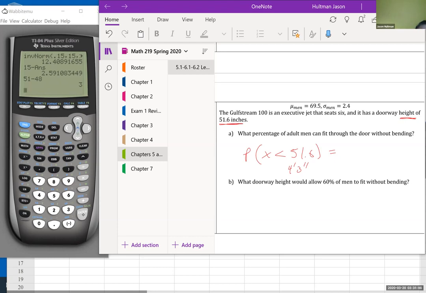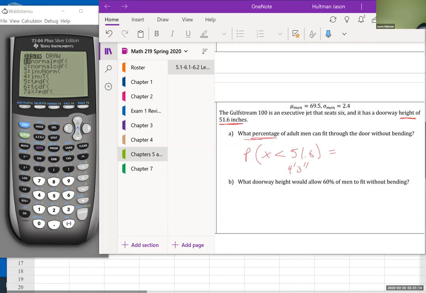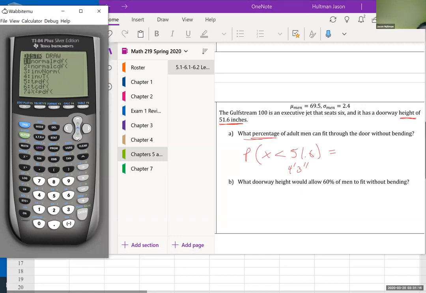So let's go inverse norm. Or no, not inverse norm, sorry. We want to do normal CDF because we want to find the percentage. Second vars, normal CDF.